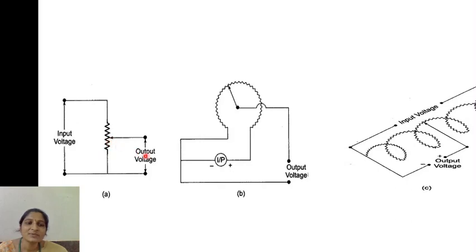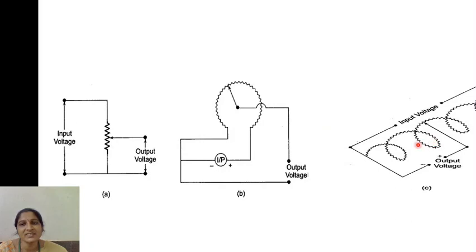So V out by V in is equal to the output length divided by the total length. This is about the resistance transducers.